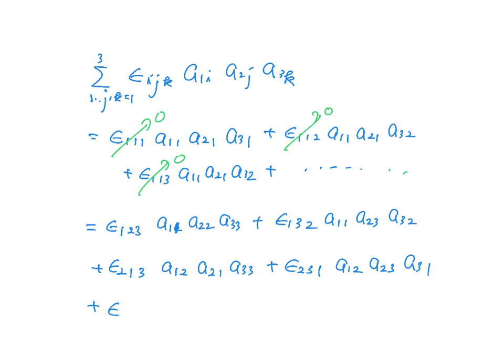And i can be 3. Then jk can be either 1, 2 or 2, 1: a1,3, a2,2, a3,1, or epsilon 3,1,2, a1,3, a2,1, a3,2.